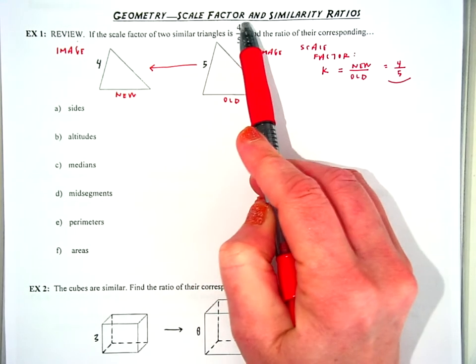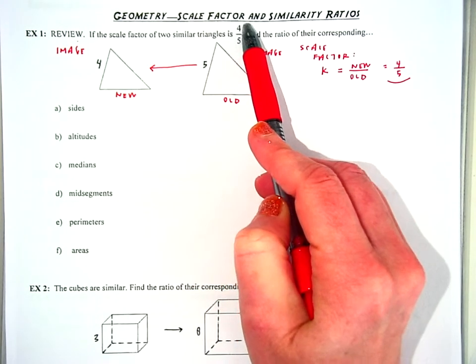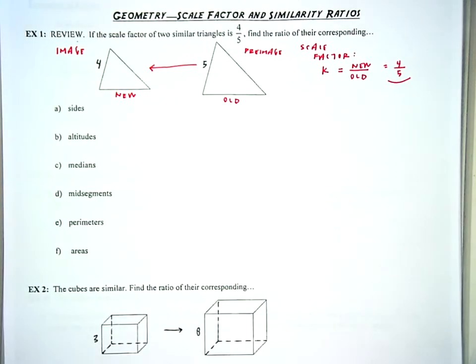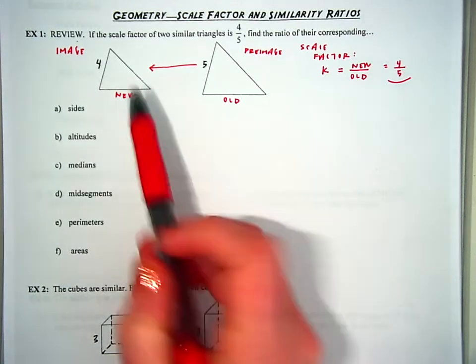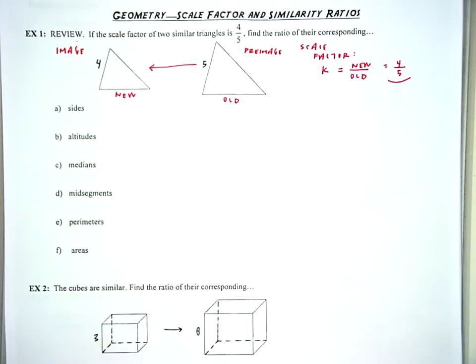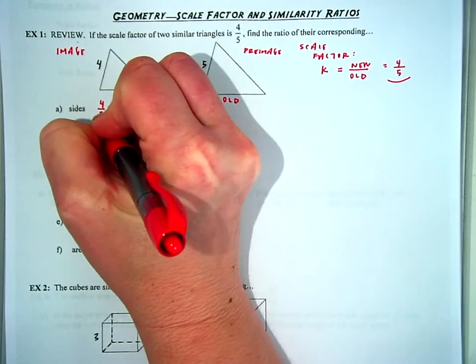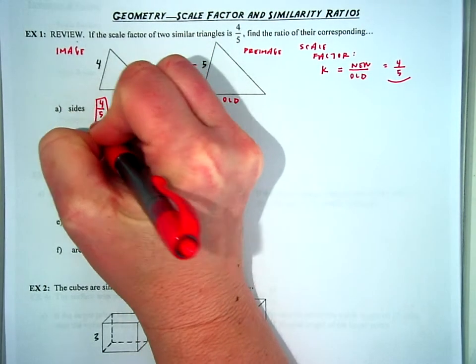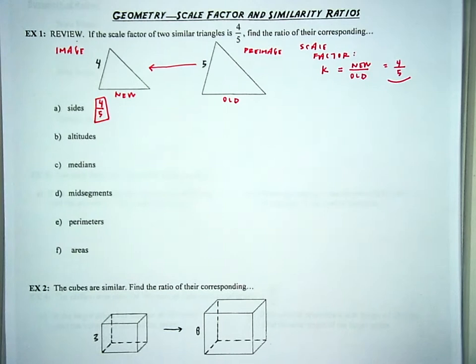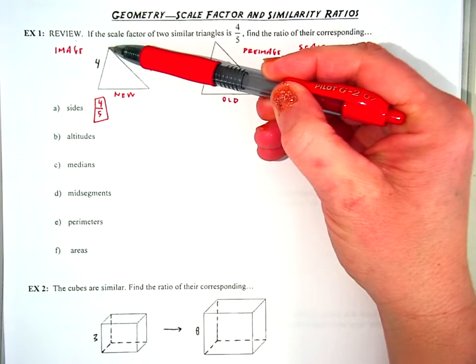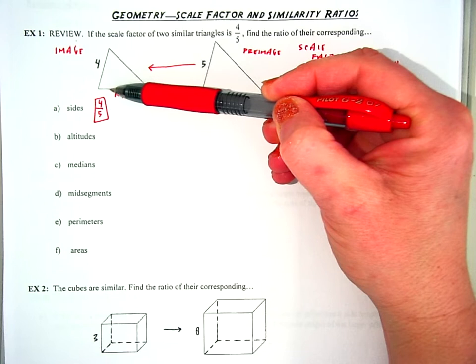So then the ratio of any sides would have the same ratio. These are sides here and here. So my side ratio would have to be 4 to 5. So any altitudes, so if I was to draw in that perpendicular segment that connects this vertex to this side right here and same here to here, they'd be in the same ratio as the scale factor, same as a pair of sides, 4 to 5.